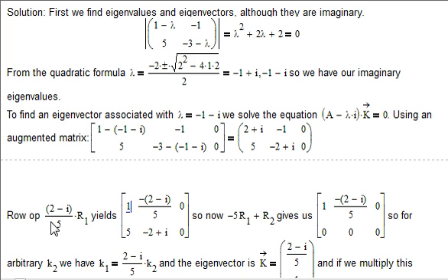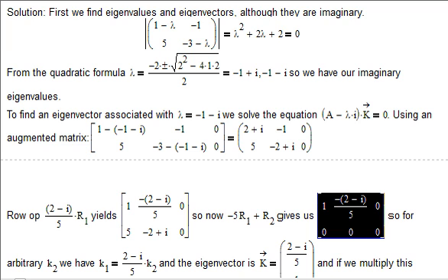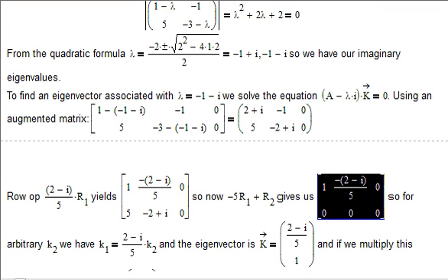But then we also want to take our (2 minus i)/5 and multiply it by this -1, so we get -(2 minus i)/5 here, and 0 there. Now, we've got a nice fat 1 here. We can multiply this row by -5 and make a 0 here. So that's easily done. We got 1, negative of (2 minus i)/5 here, and a row of zeros in the bottom. Oh, that is happy news.